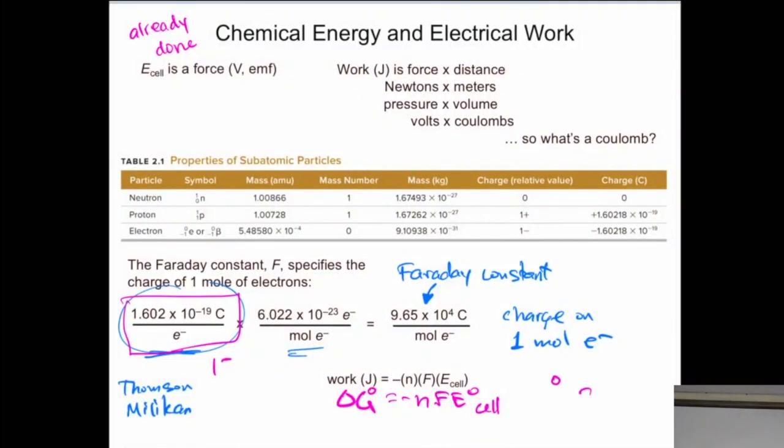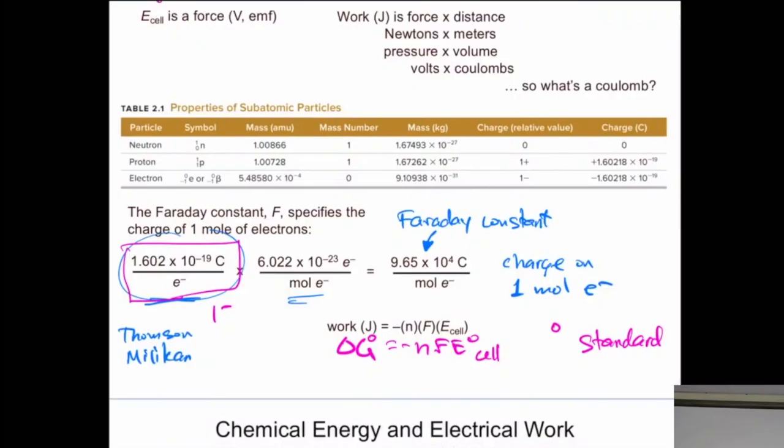Remember, under standard conditions we're at 1 bar, and we're at, I guess it's 25 degrees Celsius. And most importantly, everything's at 1 molar concentrations. So all the way back to those wet cells that we were working on, the electrochemical cells, where we have stuff in solution, that's all 1 molar.